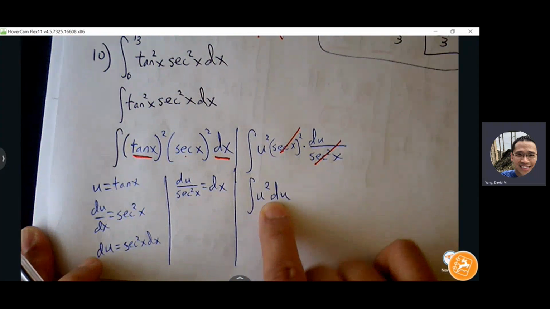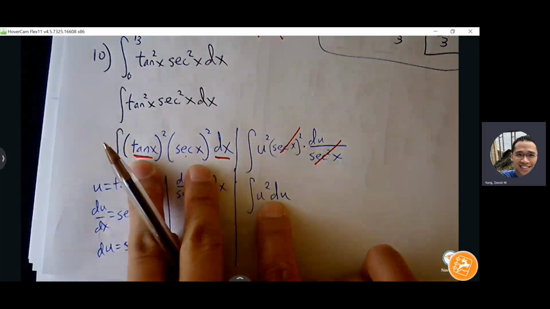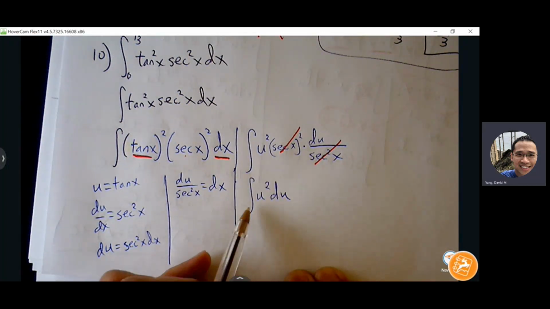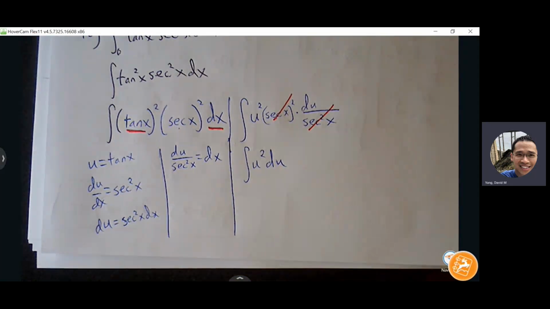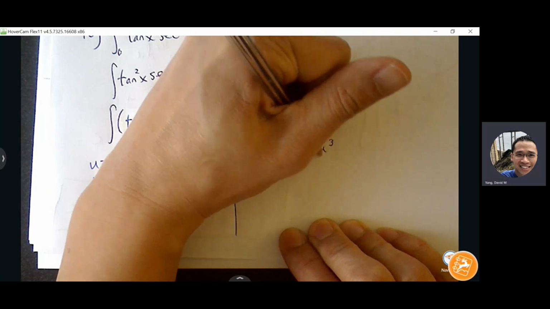Your problem will always look much easier and cleaner than what you started with, and we should be able to recognize this as a rule that we have available to use. Right now, we only have 7 rules that we are working with: you have your power rule, and your 6 antiderivative trig rules. If it doesn't look like one of those 7, we don't have a rule to use. Okay, so u squared becomes u cubed over 3.